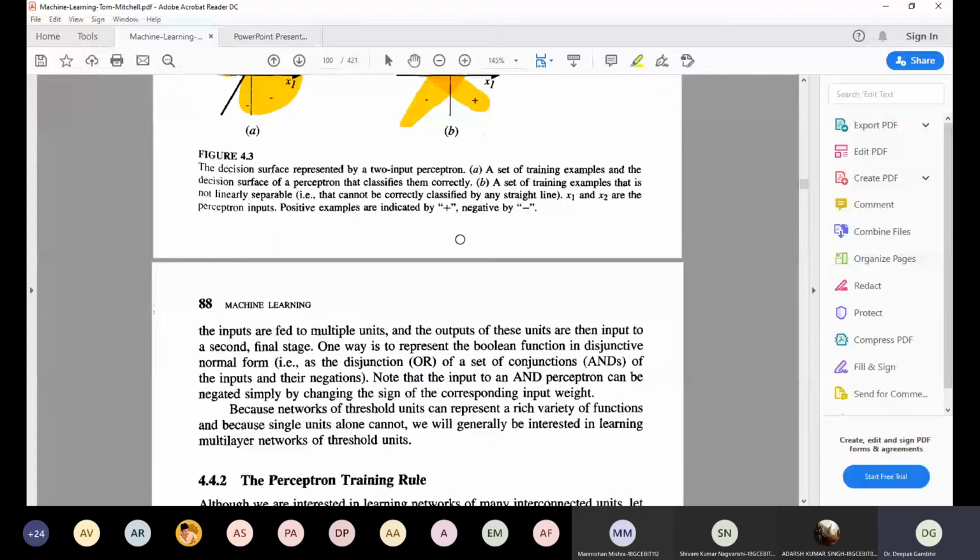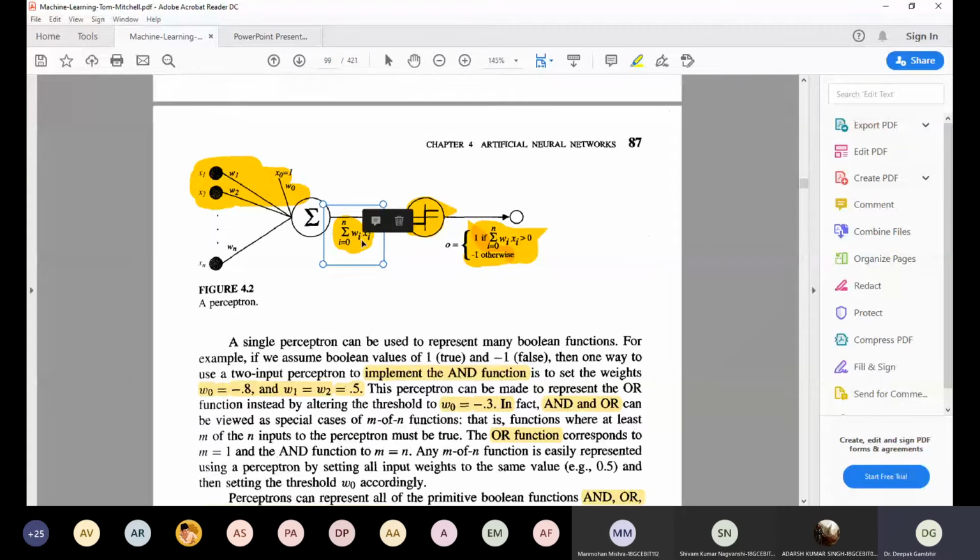That is the summation of wi xi, and it is fed to a function in which, if it is more than 0, the output is 1, a signum kind of function, and if it is less than 0, the result is -1.